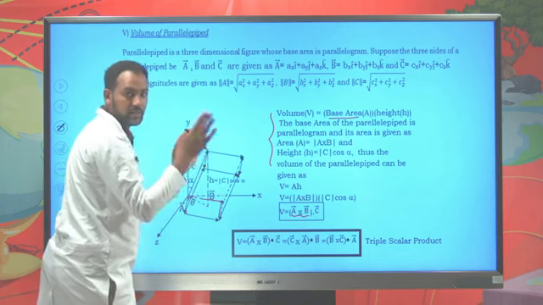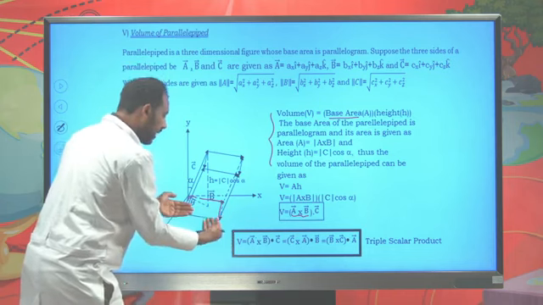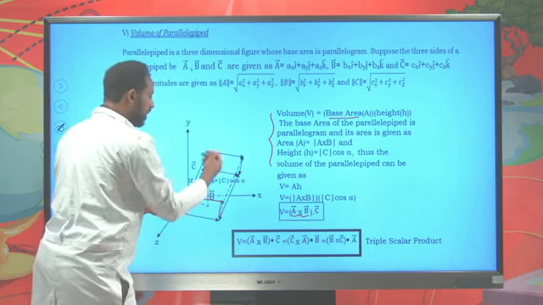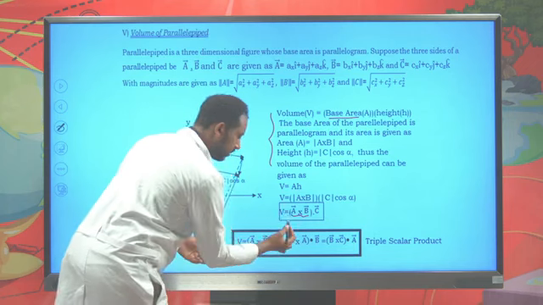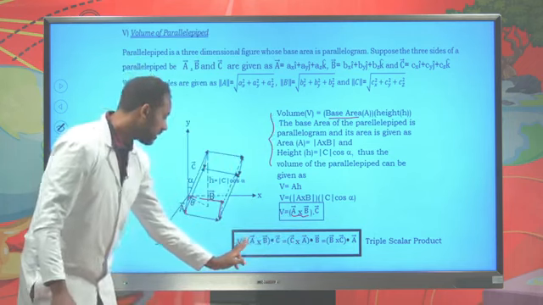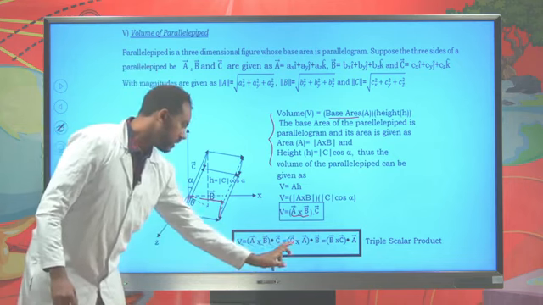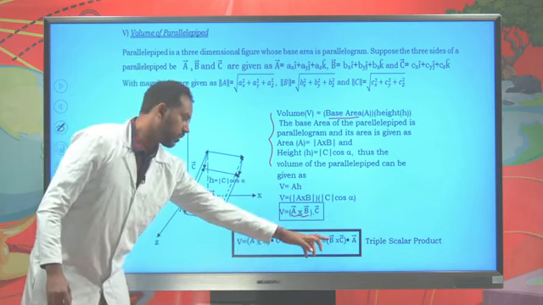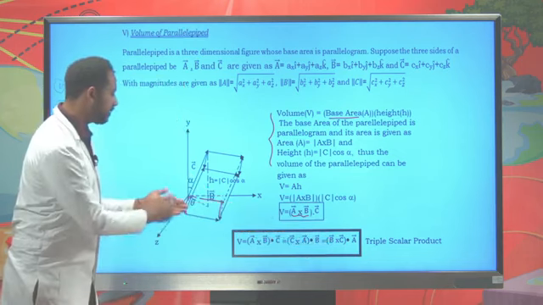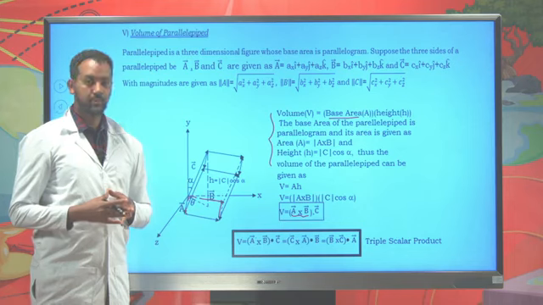Previously, we said that the cross product of the two sides gives us the area. And the area dotted with C gives you the volume. This is known as the triple scalar product. So A cross B dotted C, or C cross A dotted B, or B cross C dotted A can give us the volume of this parallelepiped.